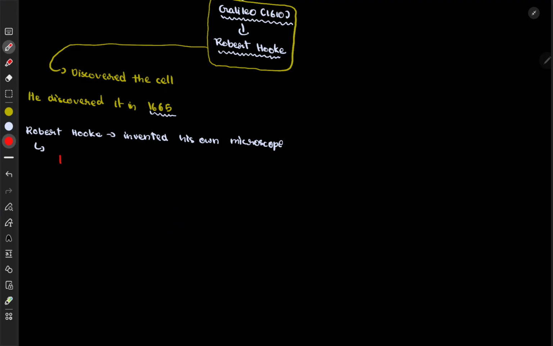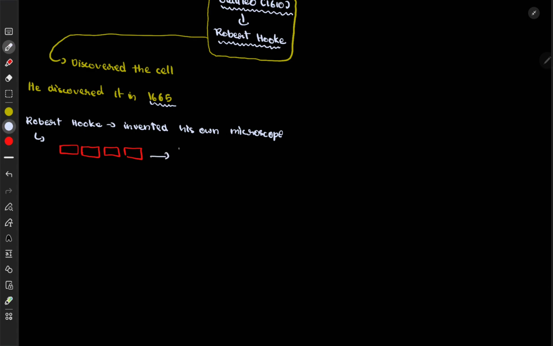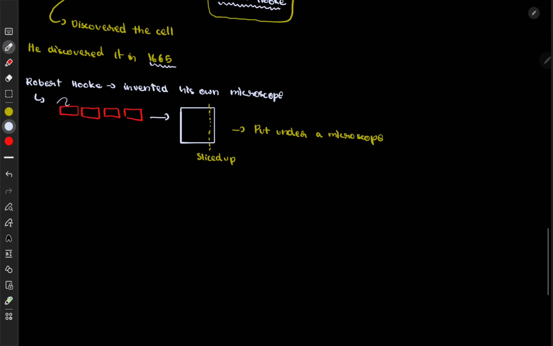He took a piece of cork, a small slice, and put it under a microscope. So he observed it. Now what did he see?